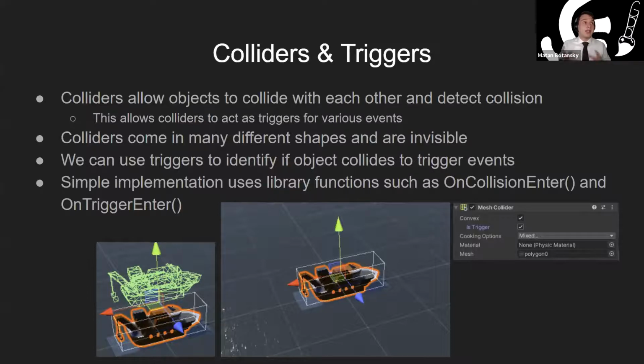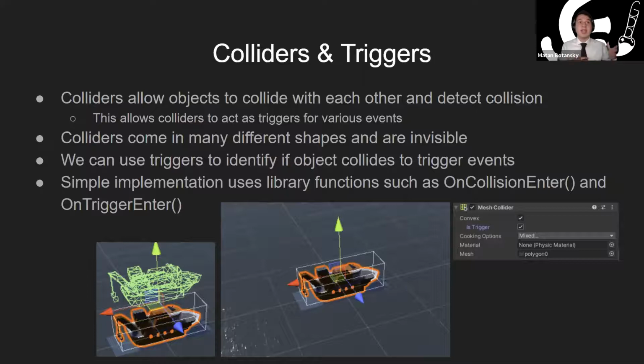So I'll explain more about that in a minute, but colliders come in many, many different shapes and sizes that are invisible. For example, in the left-hand picture, in one of my 3D projects, we have a ship. And above that ship, I've shifted the collider a little bit up. That's not actually where the collider is, just so you can see the shape. We have a polygonal mesh collider that is a trigger and can know when that ship is touching anything.